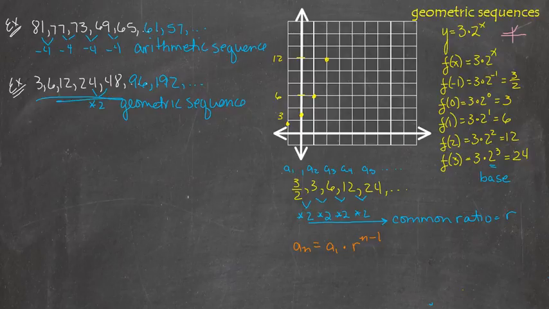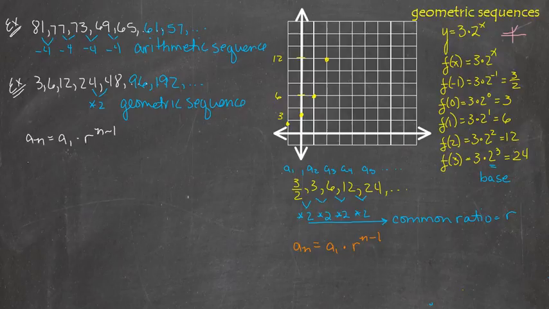Okay, let's use this sequence just as we did before and determine a formula and see how closely it matches the original formula I used to create that sequence. So if I'm given this set of numbers, I want to use the formula a sub n equals a sub 1 times r to the n minus 1.